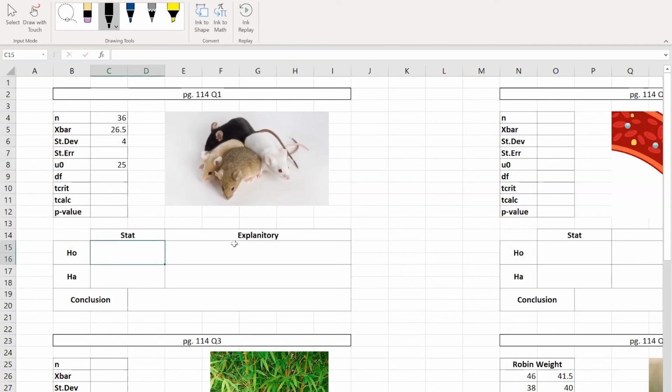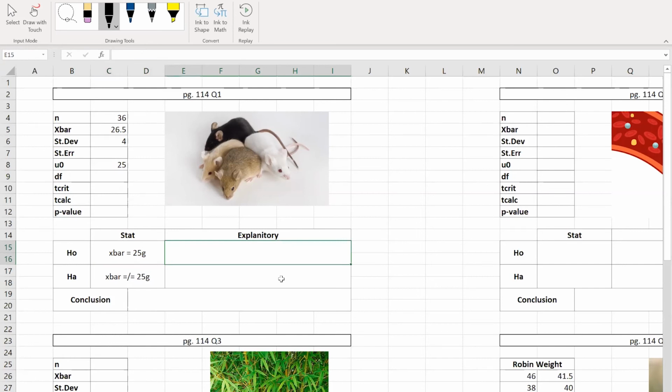So first off, our null hypothesis is that our X bar is equal to 25 grams. And our alternative is that X bar is not equal to 25 grams.